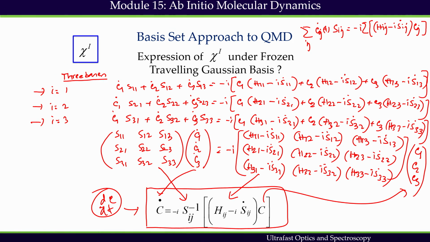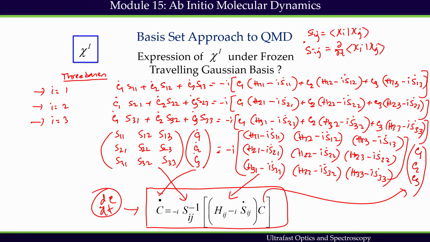Two different kinds of equations we get, and we should remind ourselves that this Sij is like an overlap matrix, is nothing but chi I then chi j. But Sij dot is not d dt of chi, the time derivative of the overlap matrix.